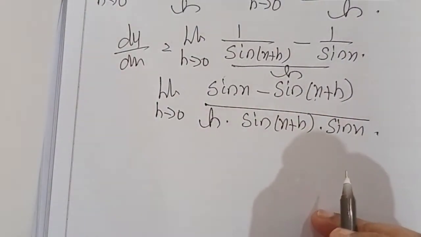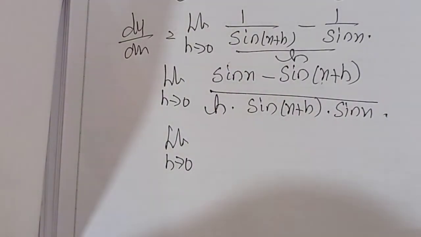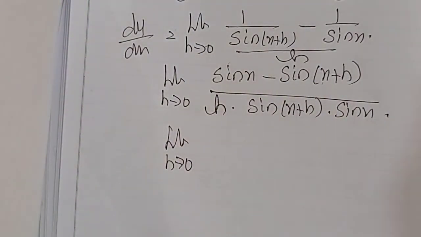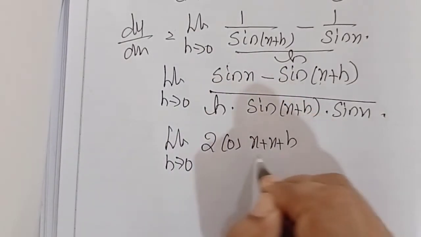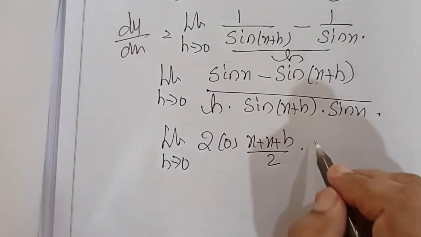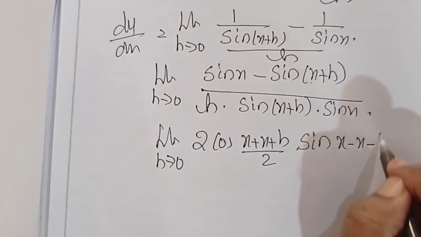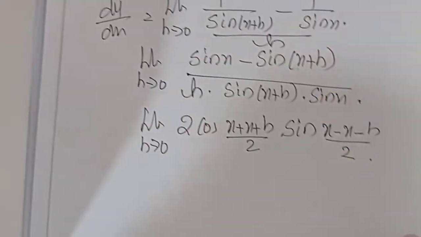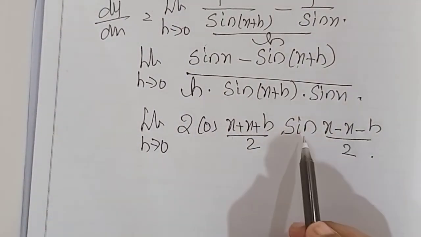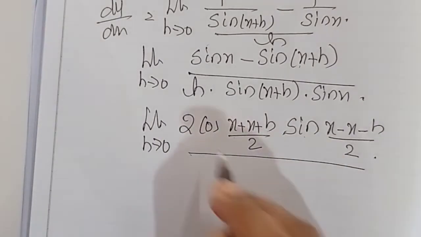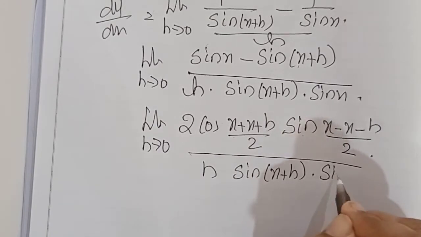Limit h tends to 0, 2 cos((C+D)/2), that is (2x+h)/2, into sin((C−D)/2). Understand? Sin C minus sin D is 2 cos((C+D)/2) sin((C−D)/2), the whole by h into sin(x+h) into sin x.